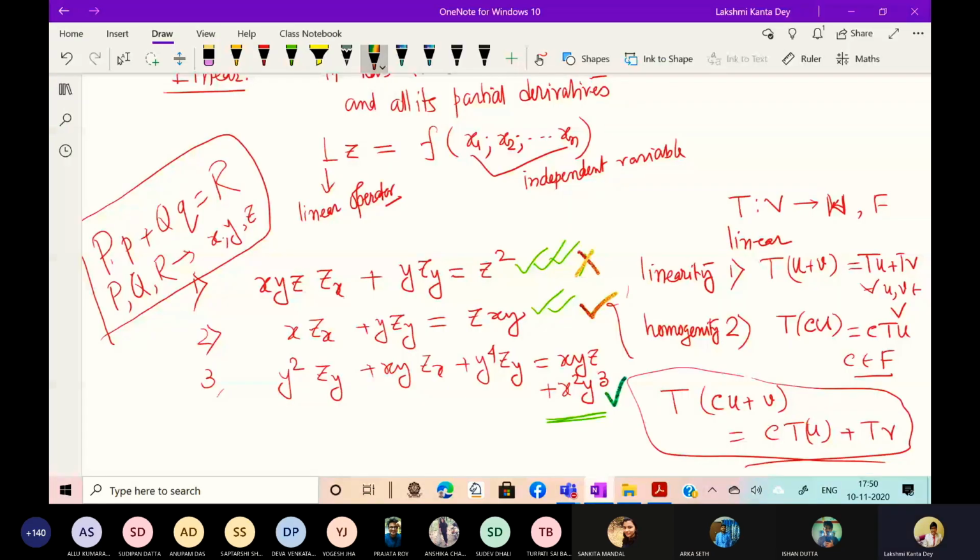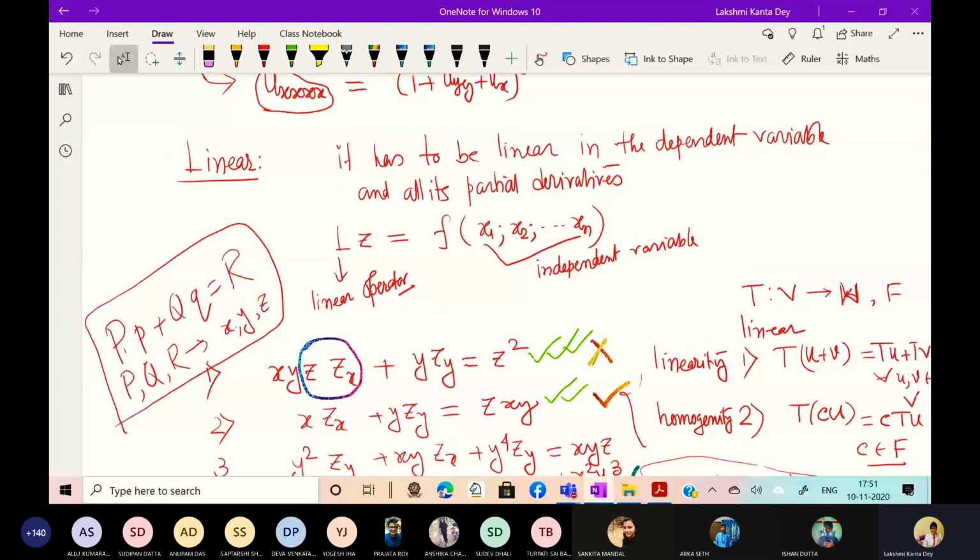So this one is not linear. Why? Because you see what it is: z into zx. So zx and z are coming as a product, so it cannot be linear. Look at the definition, it has to be linear. Simply, if I go back to vector spaces, R2 to R, suppose T is a mapping, T of (x, y) is xy.